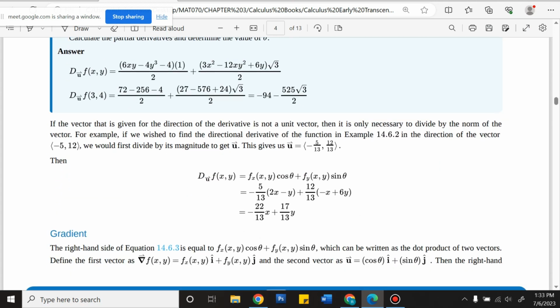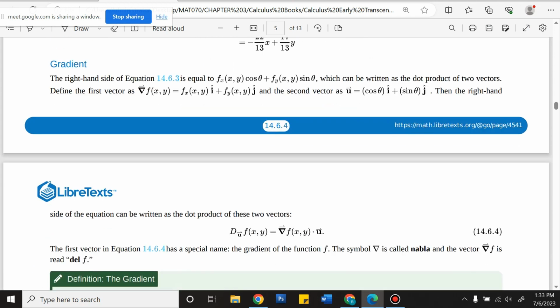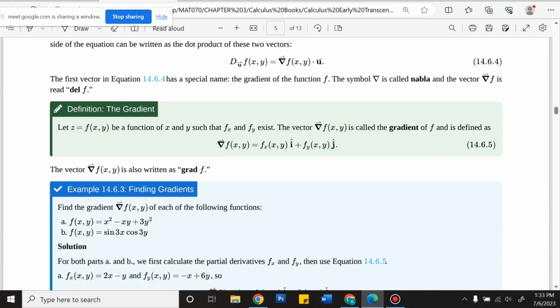So next, we'll proceed to gradient. How do you read gradient? Ask me. So what is gradient, class? It is this symbol, and this is actually just your vector.